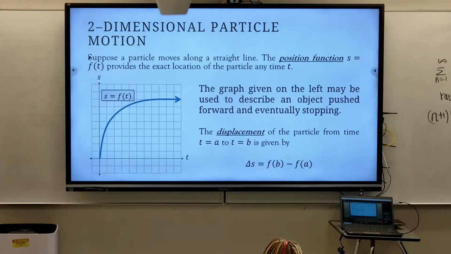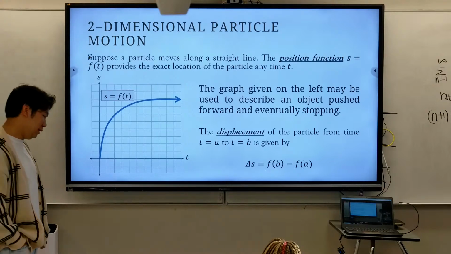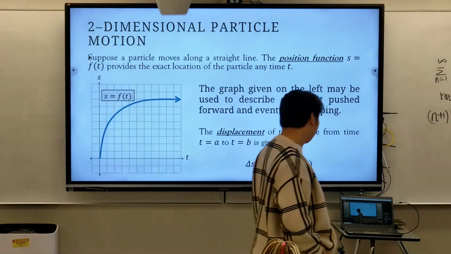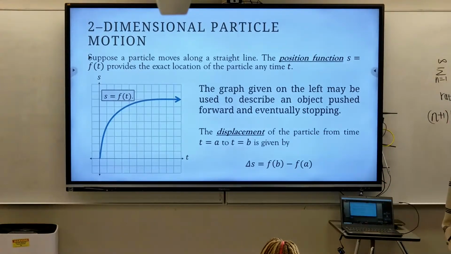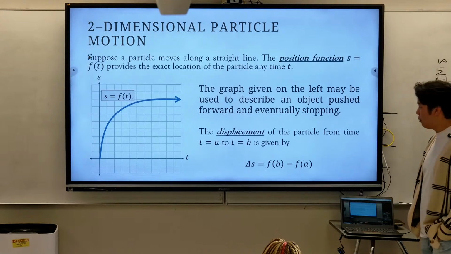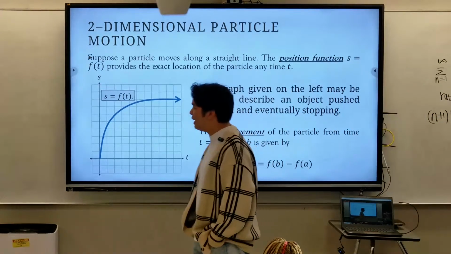We can call this my displacement or my net change. We often use a capital delta in math and physics to mean the change. So this is my change in position or net change.